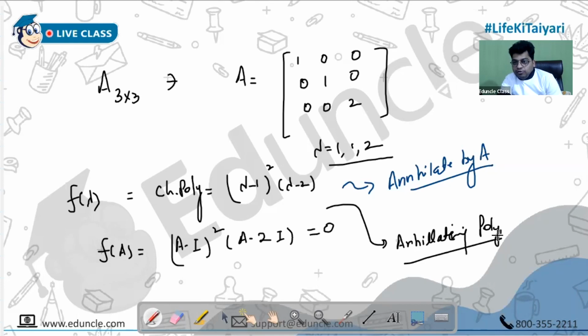If you have a polynomial and you put A in place of lambda, then f(A) must be 0. It is similar to saying lambda equal to 1 is a characteristic root, a root of this equation, right? It means lambda equal to 1 annihilates the polynomial. In the same way, f(lambda) is (lambda minus 1) whole square (lambda minus 2), and the Cayley-Hamilton theorem says this is an annihilating polynomial.